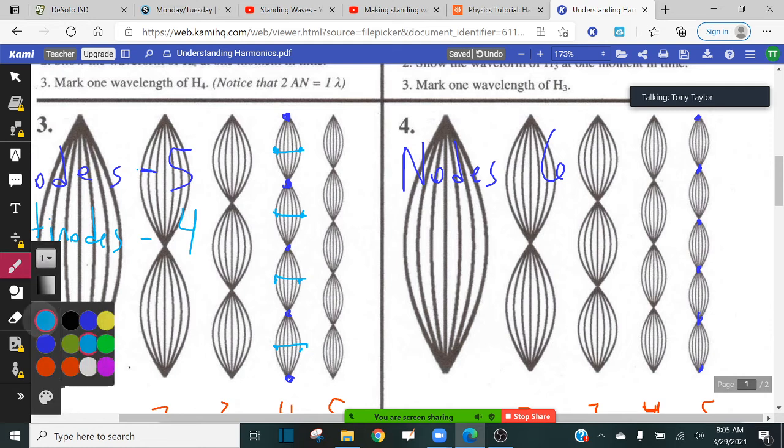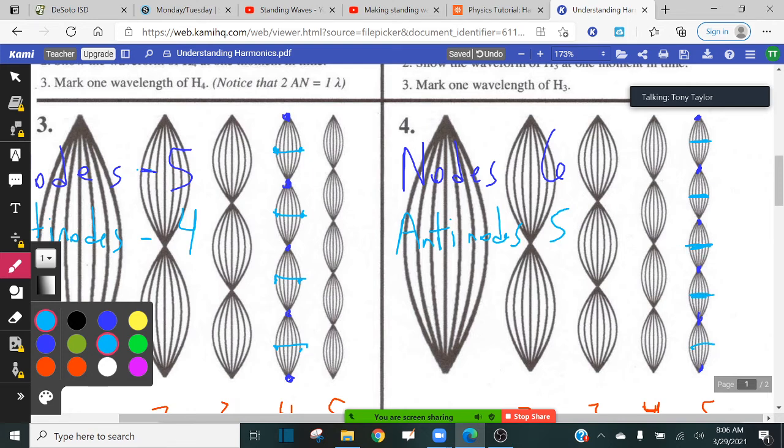And how many antinodes do we have? Well, that should be obvious because if we're at the 5th harmonic, that means we always have 5 antinodes. You guys should be able to see this here. This region, that's an antinode. That's an antinode. That's an antinode. That's an antinode. And then that's an antinode, right? This point and this point are points of maximum displacement.